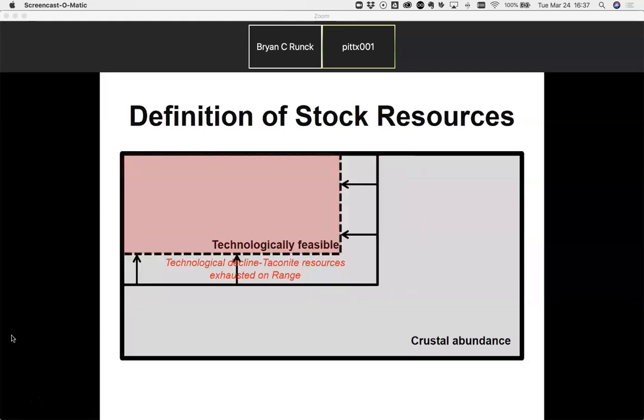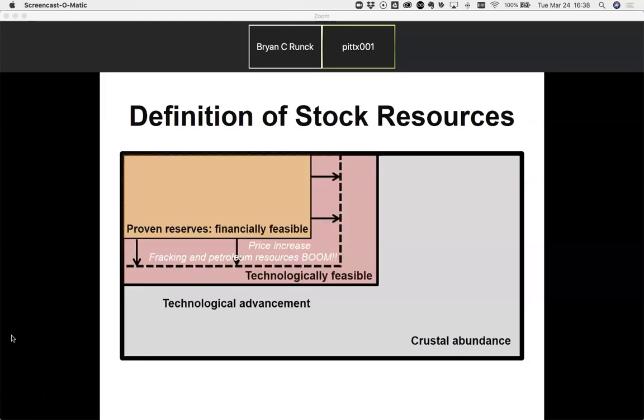Technological decline can also cause a shrinking of the technologically feasible, as when the original high-grade ore on the Iron Range was exhausted at the end of World War II. Technological decline of the resource shrunk the definition of technologically feasible resource.